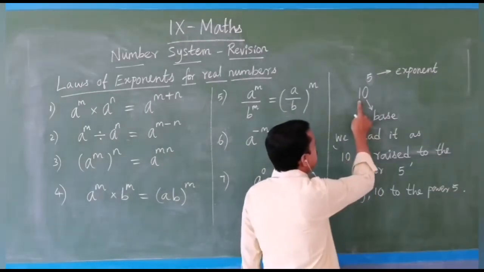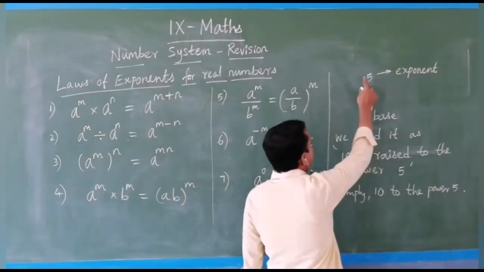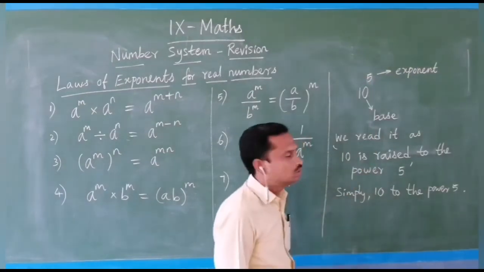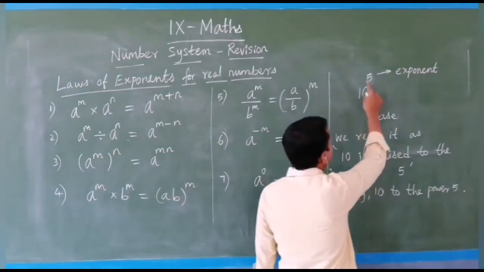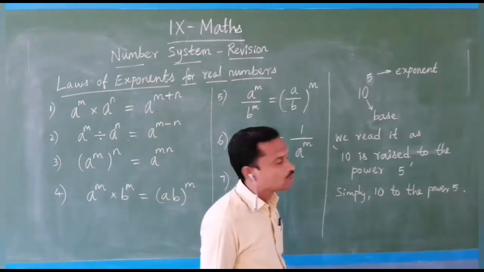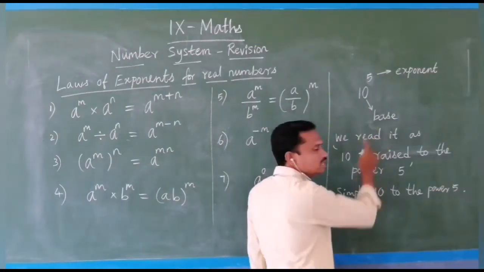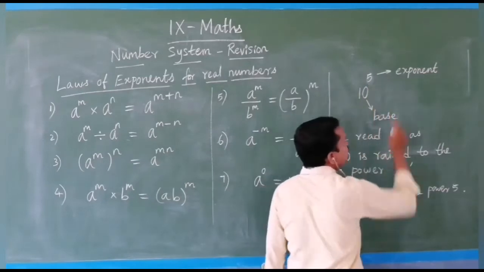You take 10 and the power is 5. So here if you write 10 upon that, the power 5, 10 is called base and this 5 is called exponent.